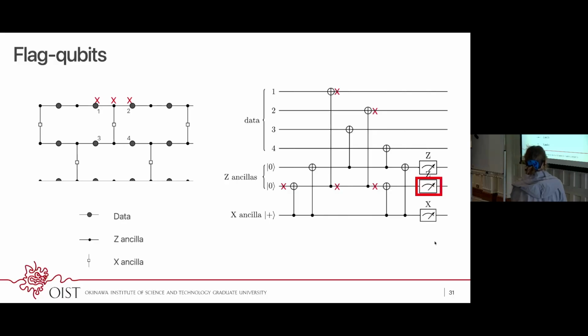If an error occurs on the Z ancillas, this error can be propagated onto multiple data qubits, and this actually can reduce the effective code distance. However, by measuring out the flag information, we can prevent this reduction in the code distance by using the information we got from the flag measurements.